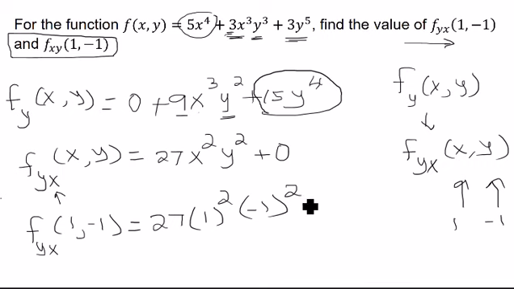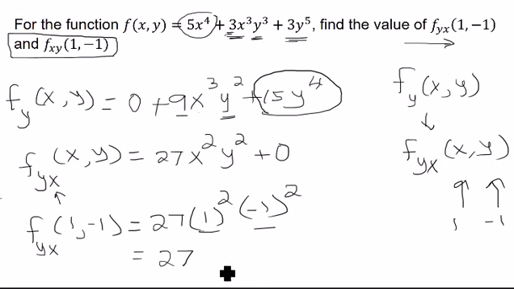If the power is odd, that negative will stay negative. If the power is even, then the negative will become a positive. In this case, negative 1 to the 2 is a positive 1. So these two are basically 1 times 1, so they're not going to change anything. So it's 27. Again, you can use a calculator and check this answer if you are not comfortable here.